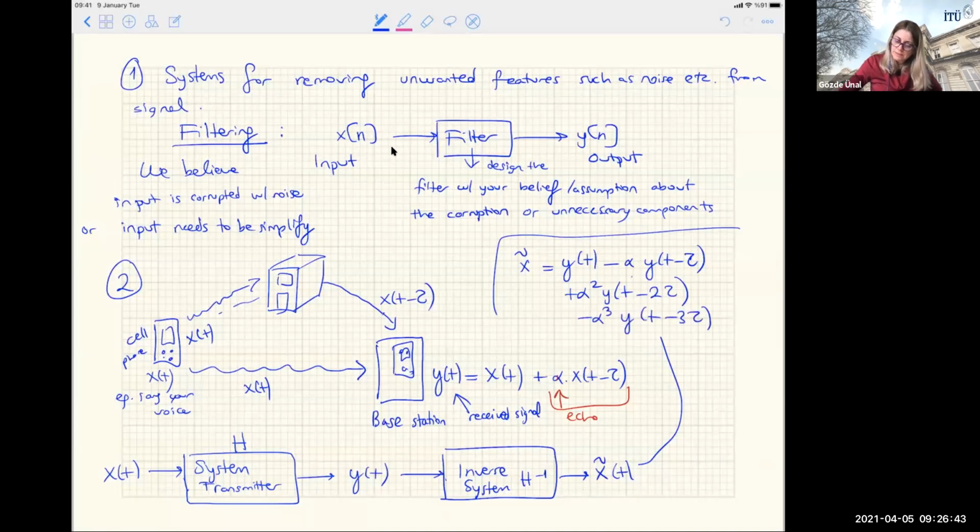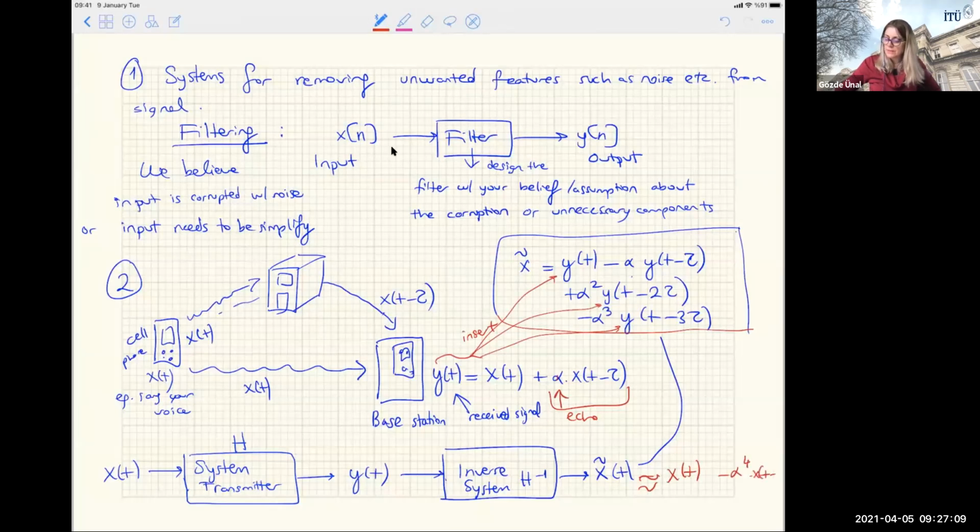When you insert the original model here, here, and here, you will see that in the end you end up with something like x of t. This will be almost x of t, because it will have some components in terms of alpha to the 4 times x of t minus some shift amount, let's say 3 tau.